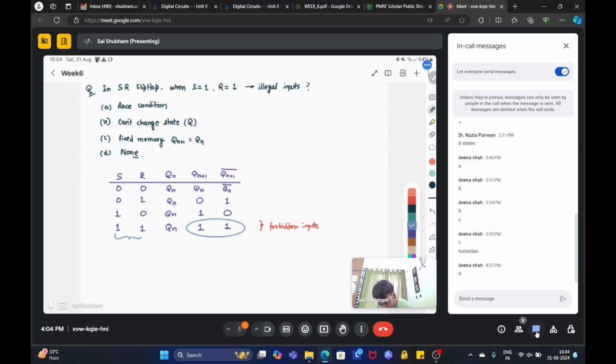So there is actually no problem with this output. This output is perfect. But the problem arises when we want to shift from 1 1 to any other input condition. So this transition from 1 1 to any other input is not possible.